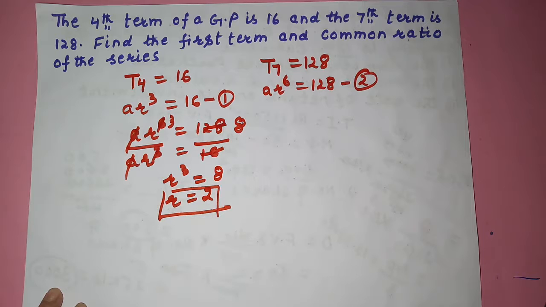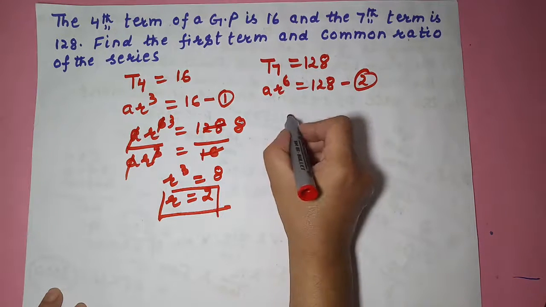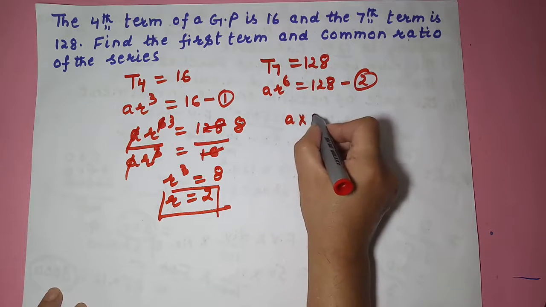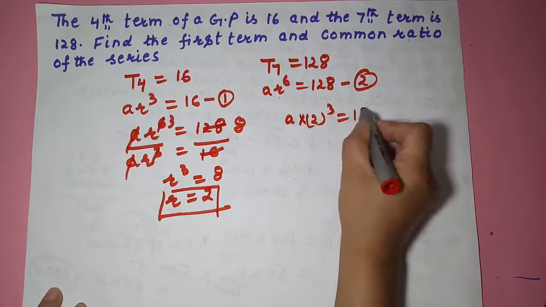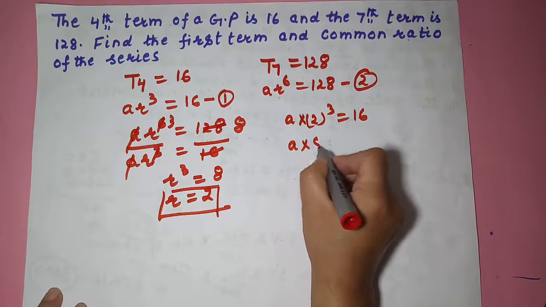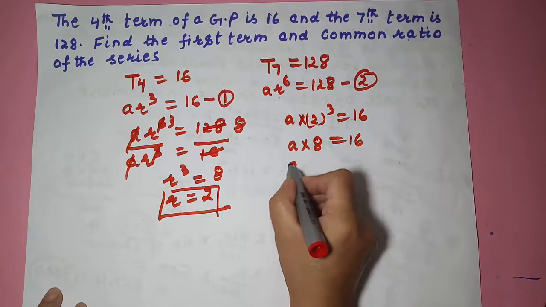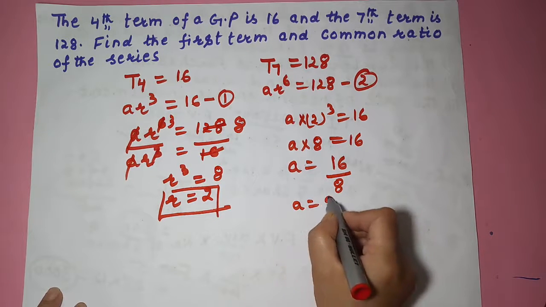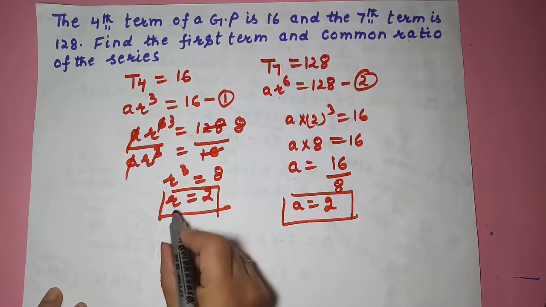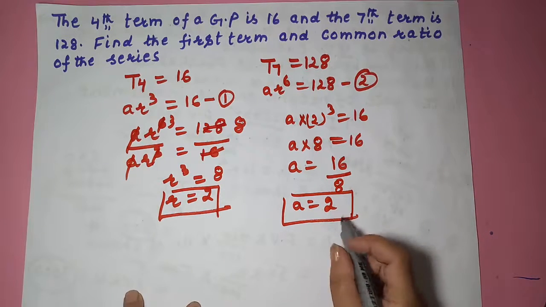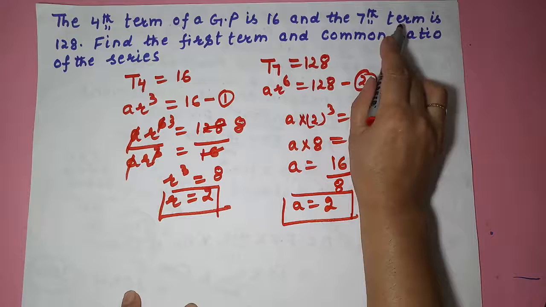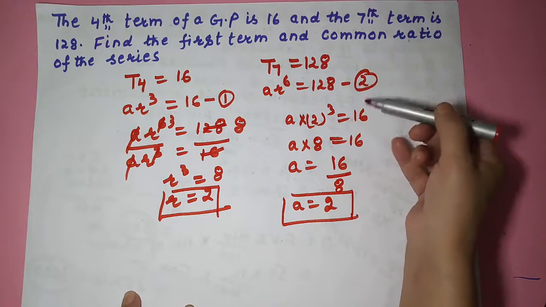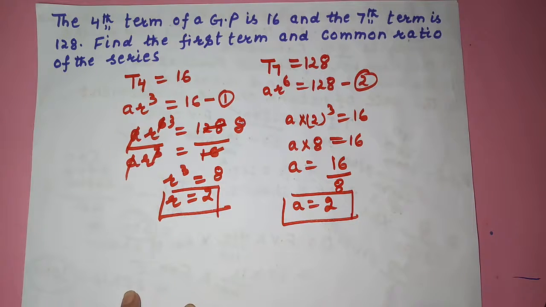Now you have to find A. Go back to the first equation: A into 2 cubed is equal to 16, so A into 8 is 16. A is 16 divided by 8, so A is equal to 2. That's how you make use of the data given in the question, and usually in GP you divide these equations to find the values of R and A.